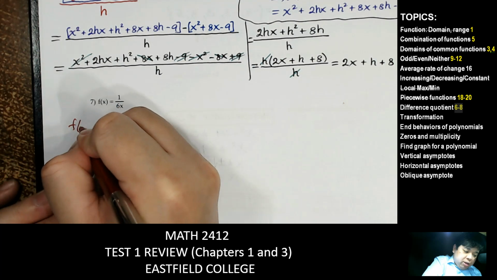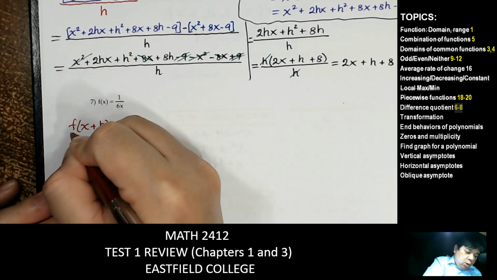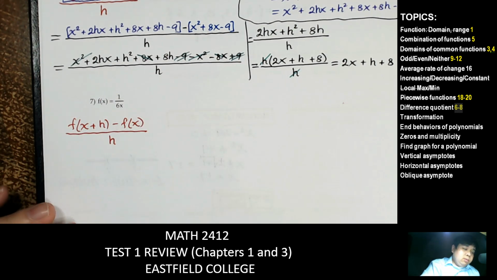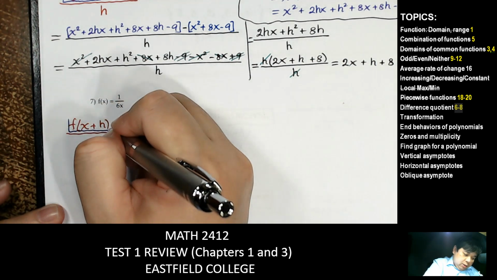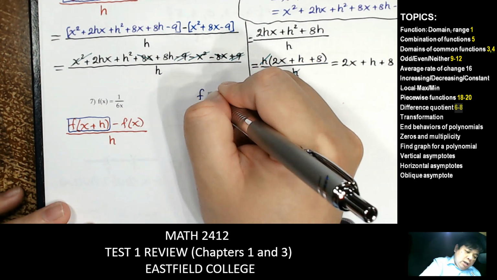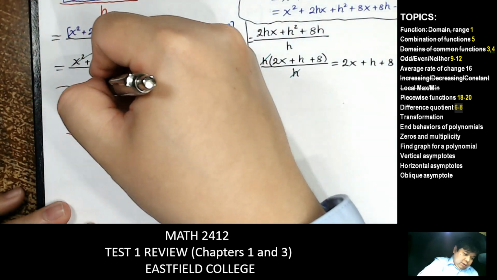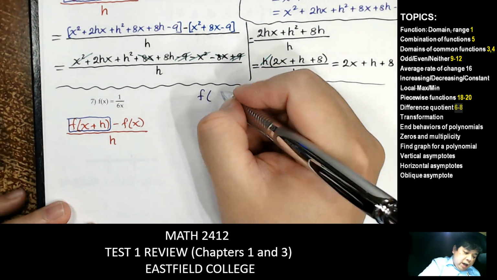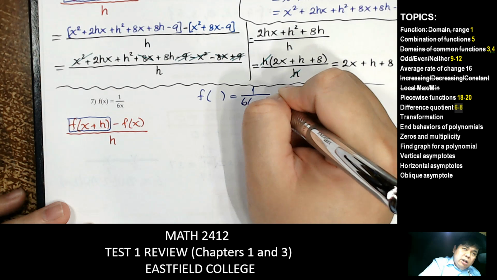We start with the same thing. The difference quotient. And let's look at f of x plus h. The function f is 1 over 6 times something.